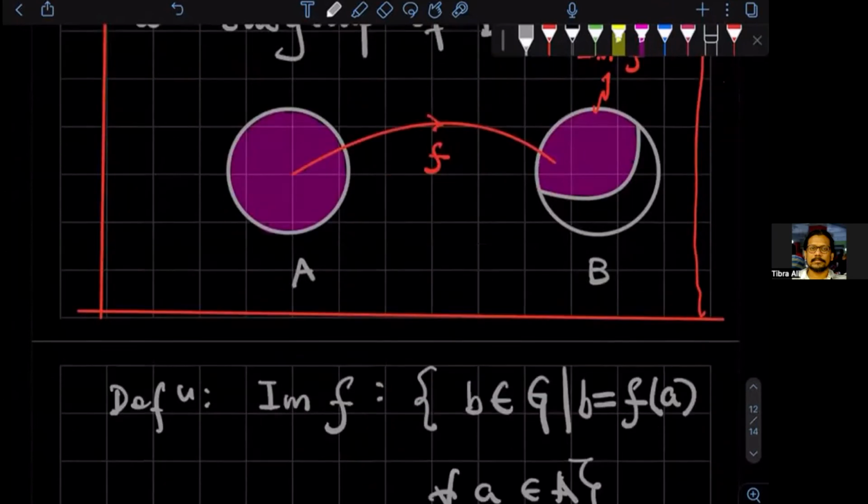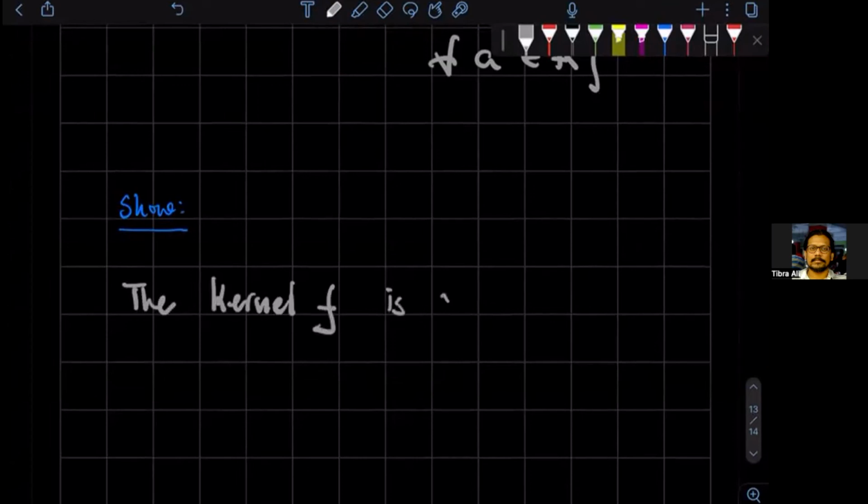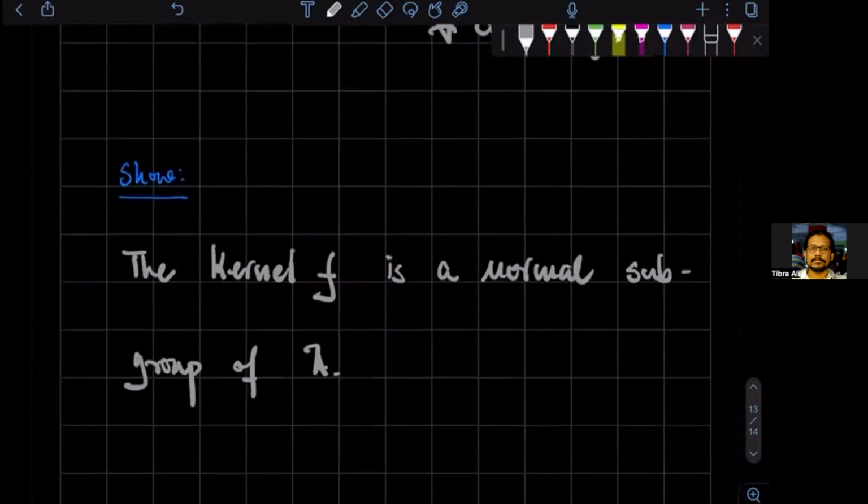The second exercise is about group homomorphism: show that the kernel of the map F is a normal subgroup of A. So what do you mean by that?